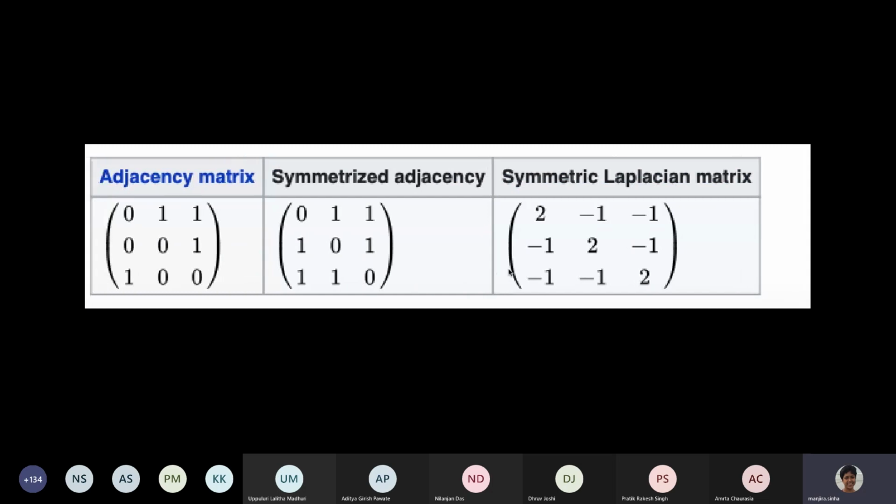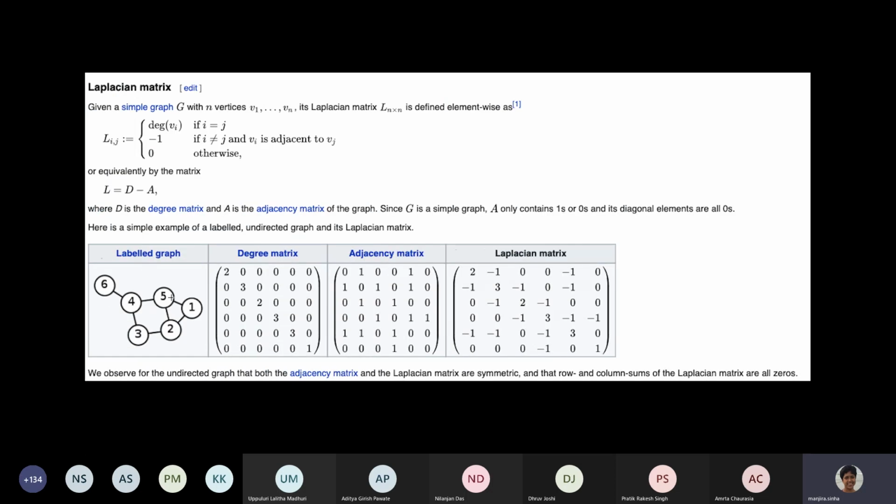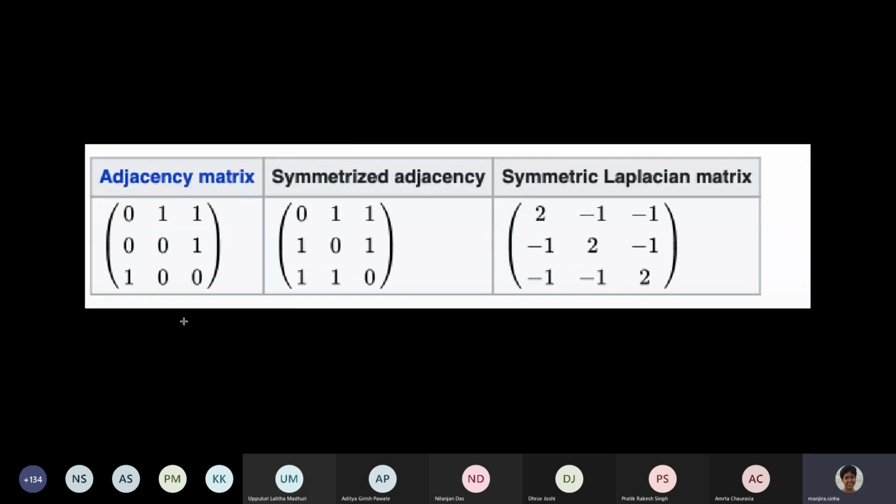Okay, there is another thing. For a directed graph, the adjacency matrix is not symmetric. Directed graph means, say I only have an edge from 1 to 2, but not from 2 to 1, as we have discussed. But for operations like spectral clustering, these operations are technically defined on a symmetric matrix. So for that, we symmetricize the adjacency matrix.